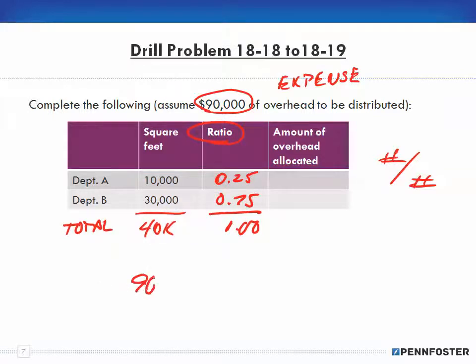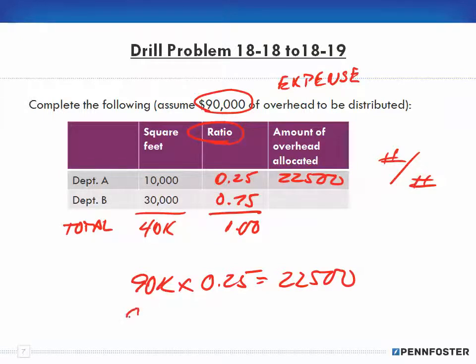So we have 90,000 times the 0.25, and that gives me, let's see here, $22,500 to be allocated to department A. We could do the same thing with B, 90,000 times 0.75, and that would give me 67.5.